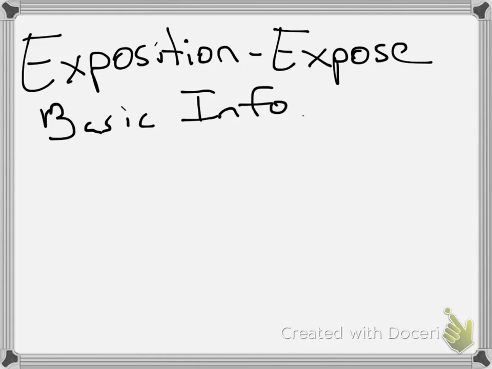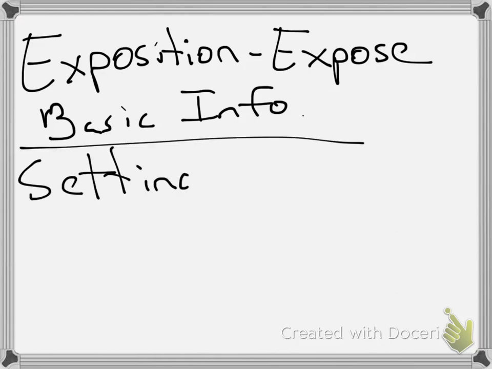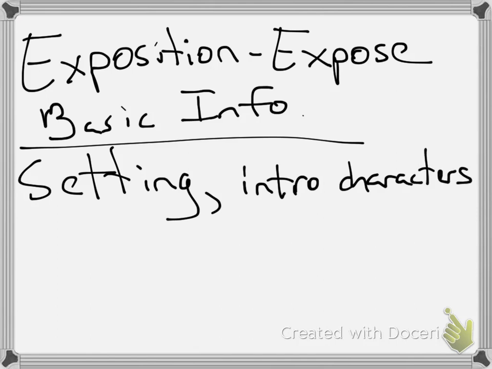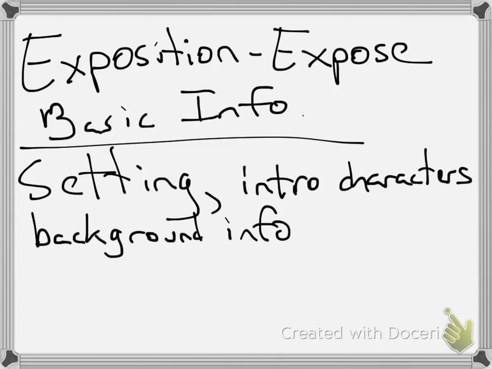During this time, the author will typically explain setting, introduction of the characters, and any background information that is important to the plot. Alright, let's move on then. So exposition, think expose. This is where all the basic info comes from.